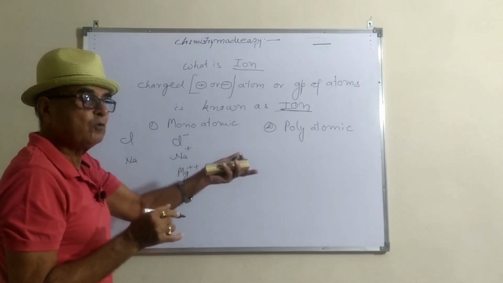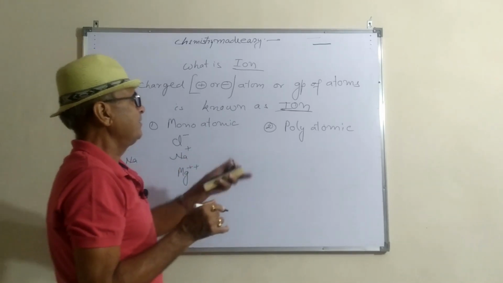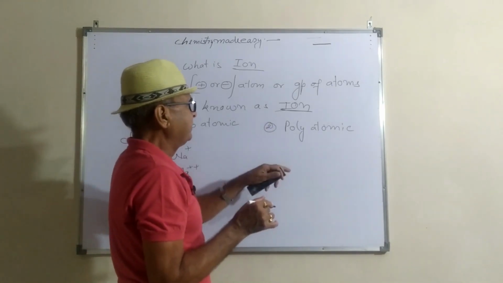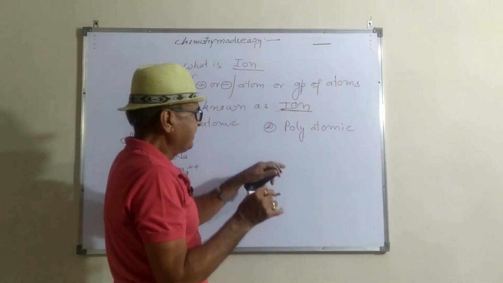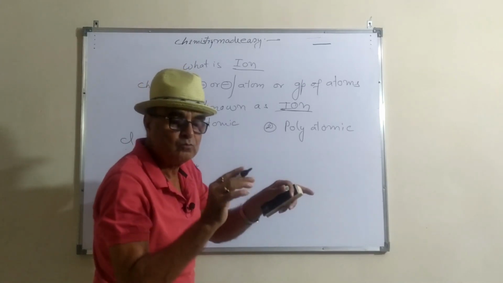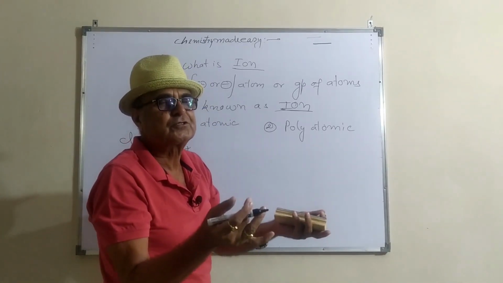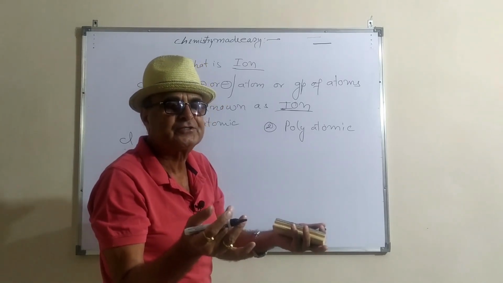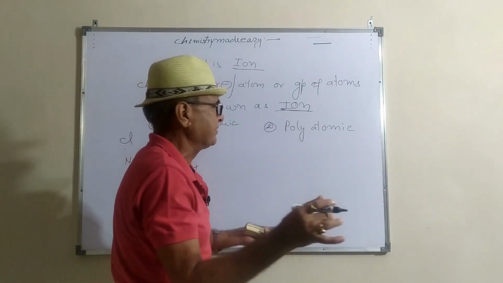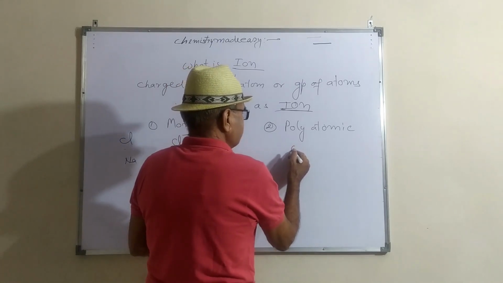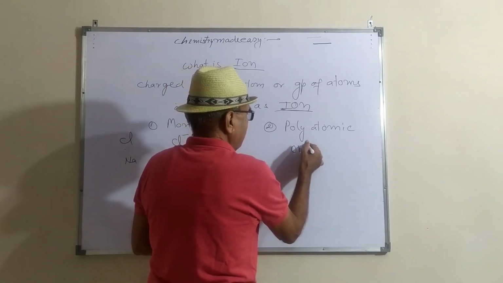Polyatomic. What do you mean by polyatomic? Polyatomic means the ion contains two or more atoms of different elements. Suppose OH negative, hydroxide.